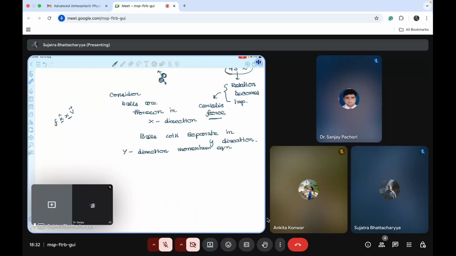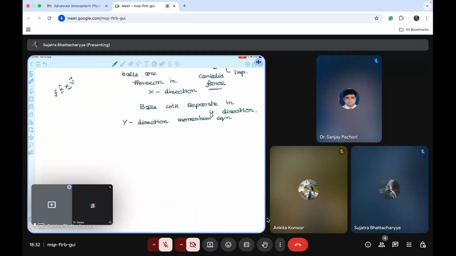Based on the question, whatever information is given, you have to use that information, and assume other things as zero. So in the y direction momentum equation, the frictional force and pressure gradient force, the PG force, are assumed to be zero because no information is given, so we can't use that.